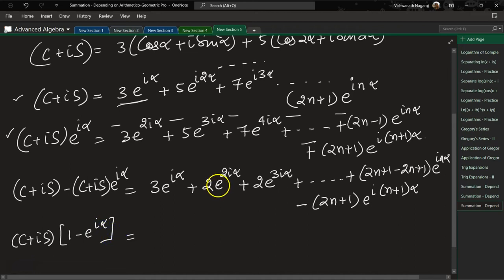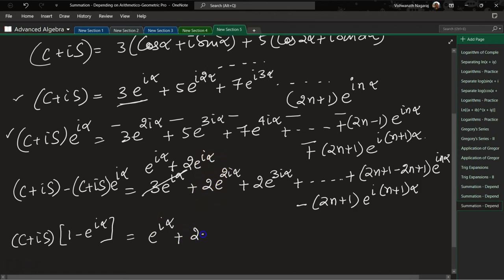Now here the series, the proper series, is this. This can't be a proper part of this series. So what we'll do is split this into e to the power of i alpha plus 2e to the power of i alpha. So e to the power of i alpha plus 2 is common, e to the power of i alpha is common.